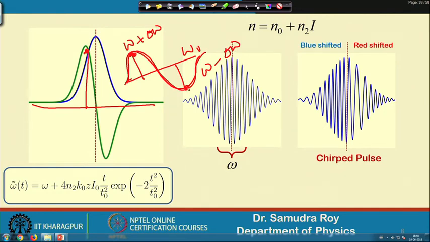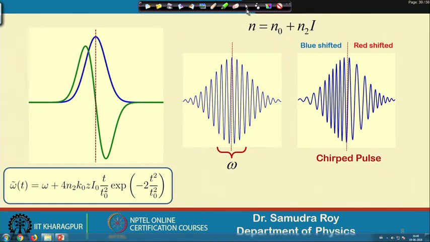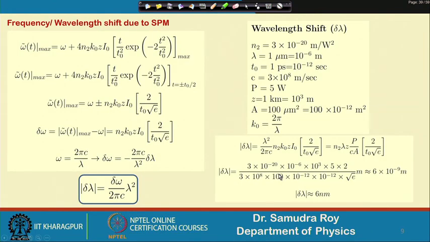So, the question is: if the distribution is Gaussian, what should be the maximum change of the frequency? Well, the result is already shown in this slide. If you look at this slide carefully, I calculated the maximum value of the instantaneous frequency.